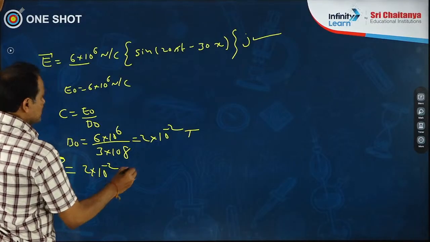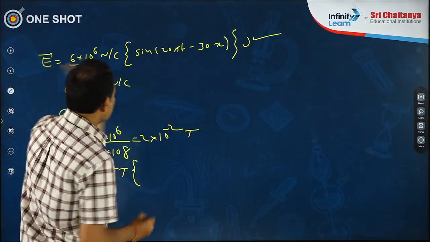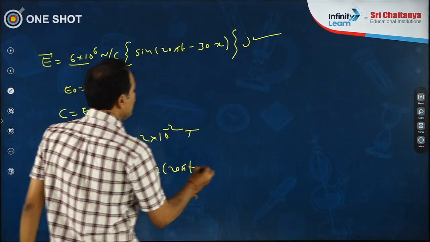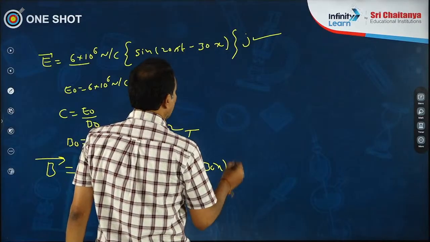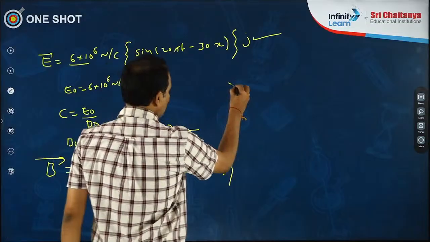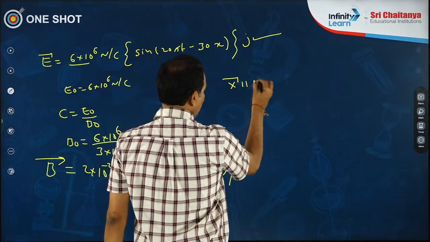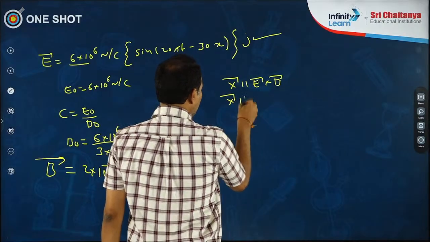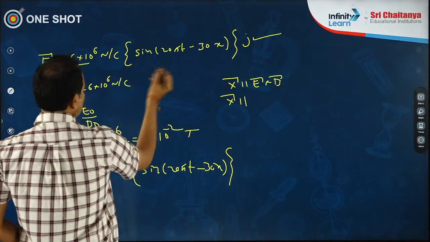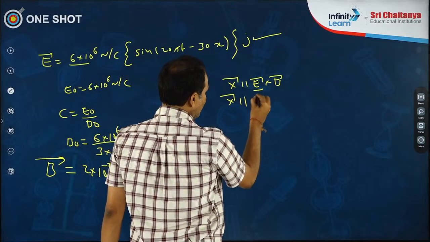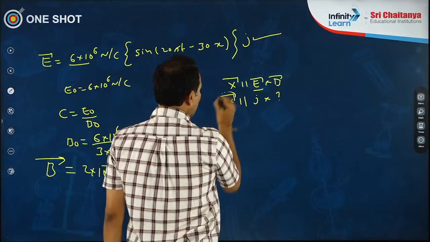The function is as it is, sine of (20 pi t minus 30 x), but the direction of propagation matters. Propagation is parallel to E bar cross B bar. The E bar direction is already J, and the magnetic field direction is unknown.